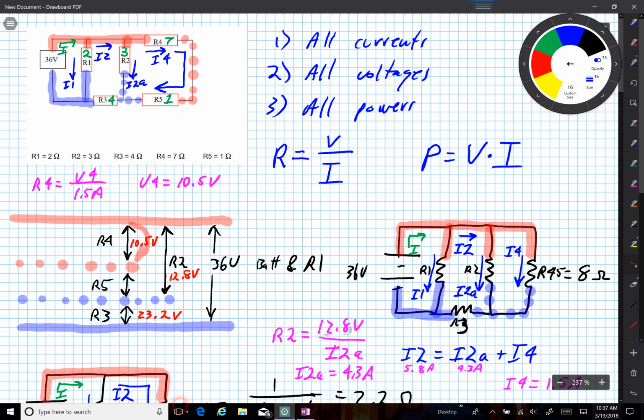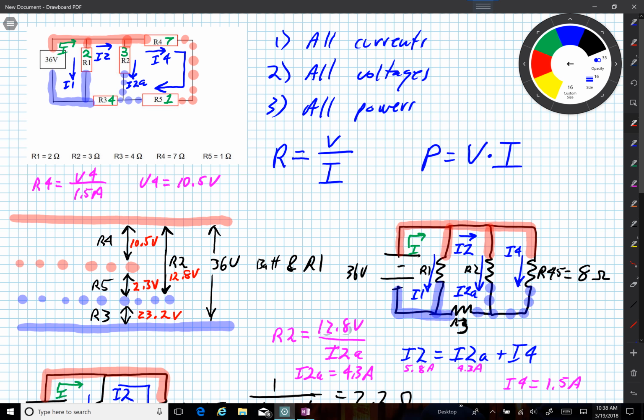I've made one jump here now of 10.5, so I should be able to figure out exactly what it is here, this one remaining jump. And that's going to be 12.8 minus 10.5, so this can be 2.3 volts. So R5 is 2.3 volts. So now I know all the voltages and all the currents.